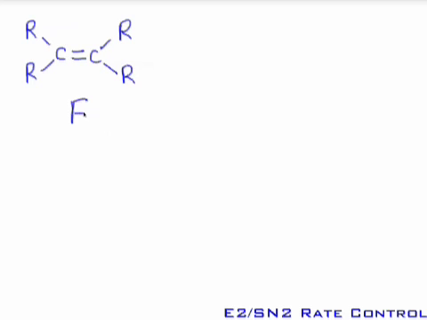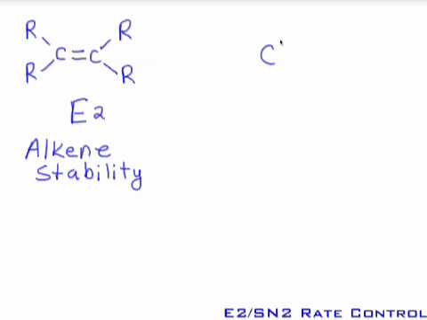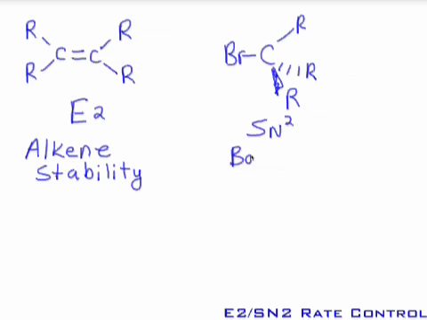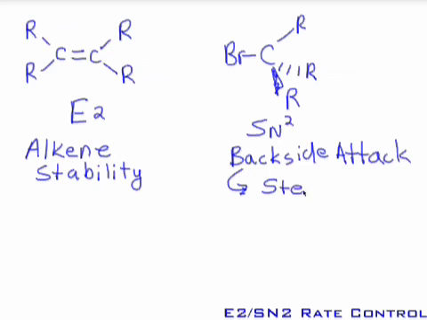What controls the rate in SN2 was the backside attack, which is subjected to steric effects of the substituents.